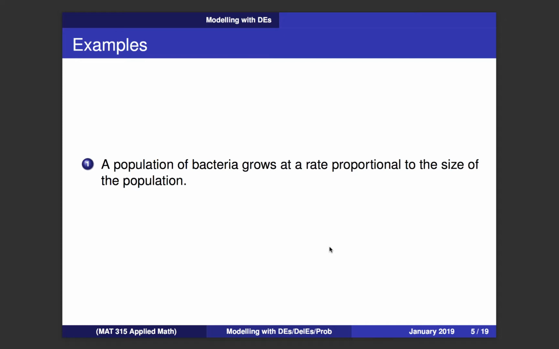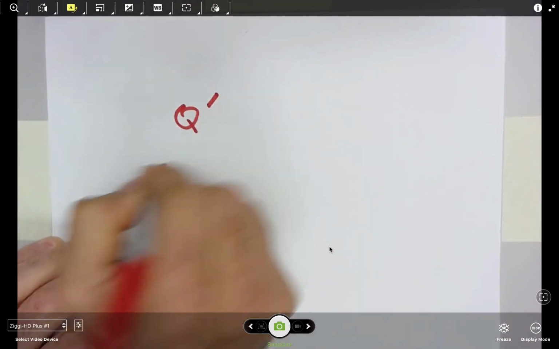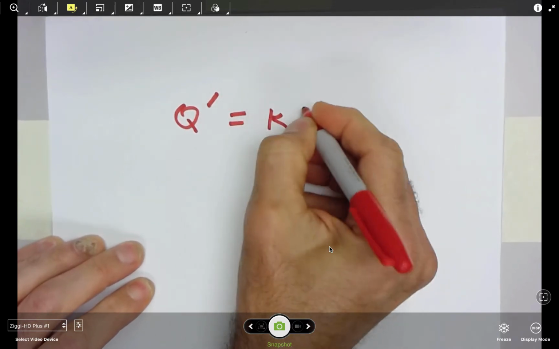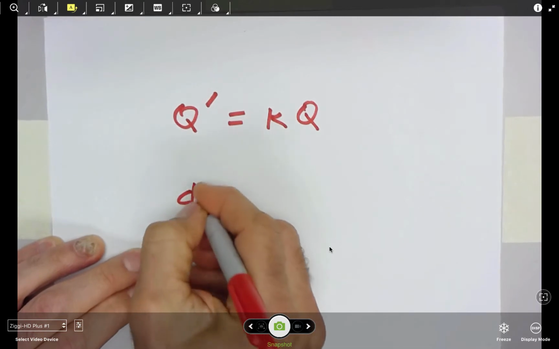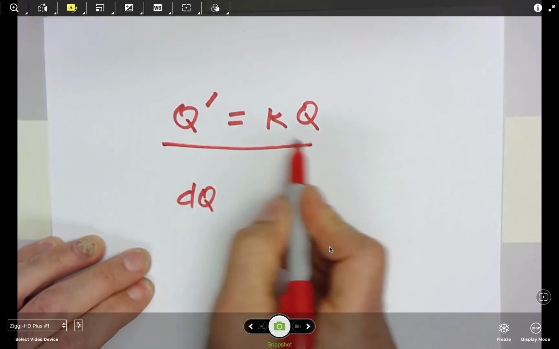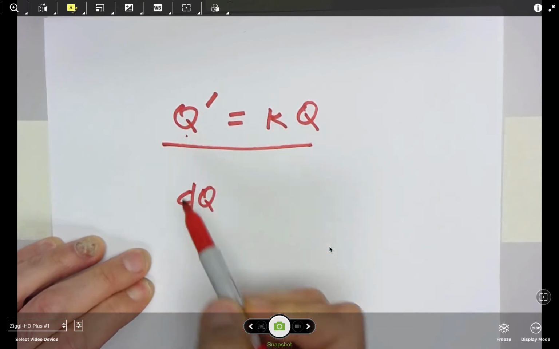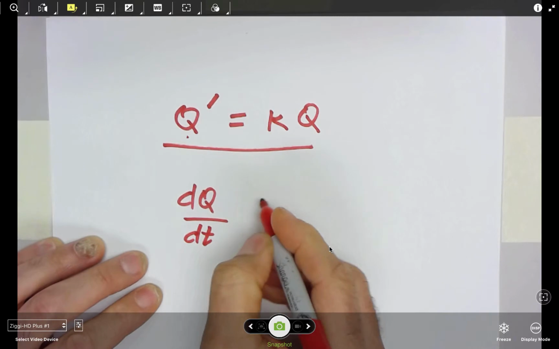If you know something grows at a rate proportional to itself, well, that's like saying that Q prime, proportional means a constant times itself, right? So we could write this as dQ/dt. Here the independent variable is suppressed, but it sounds like it's a time derivative here.